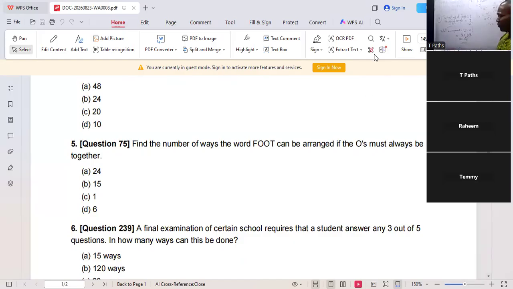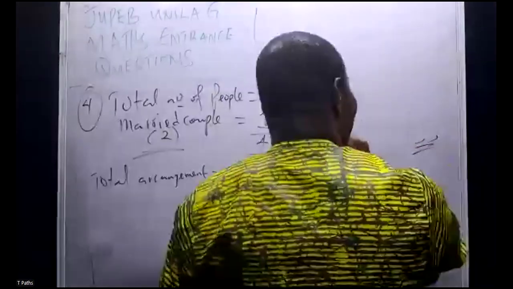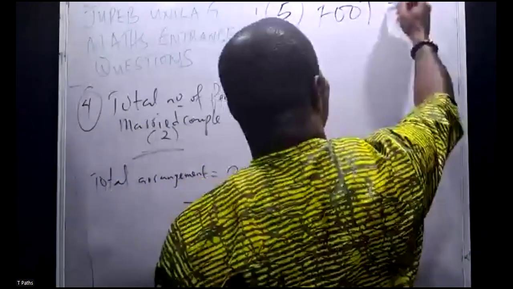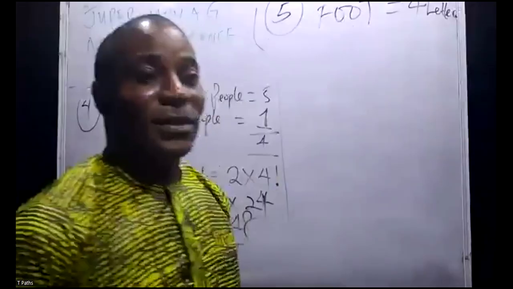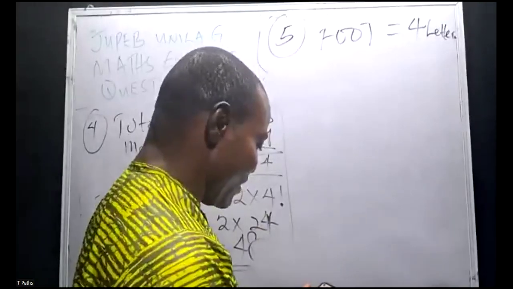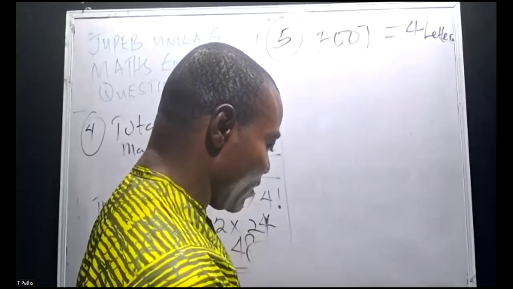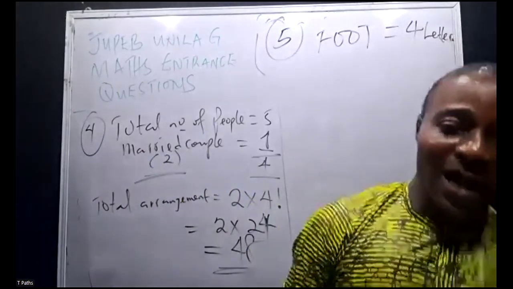But the first thing you have to take note of in this question is the word foot. How many letter word is it? Foot is a 4-letter word. The question says the O's must always be together.